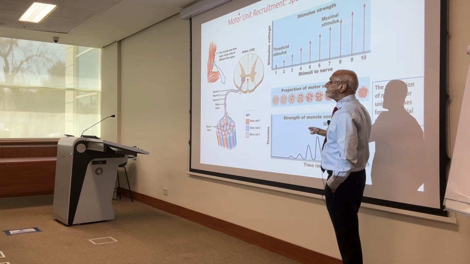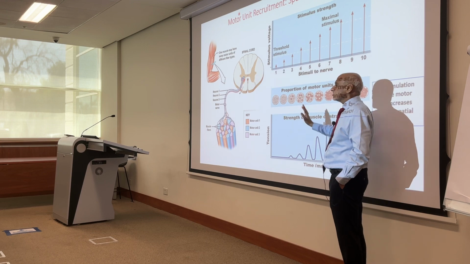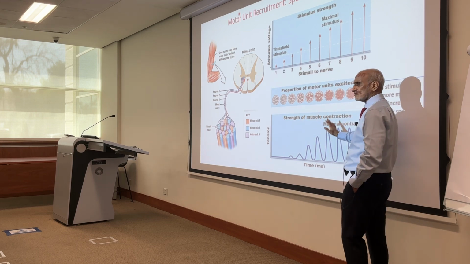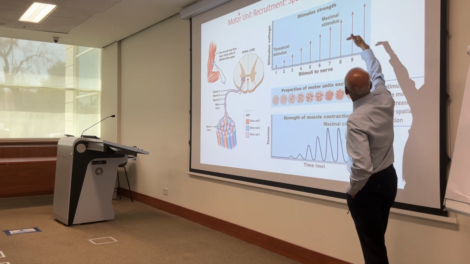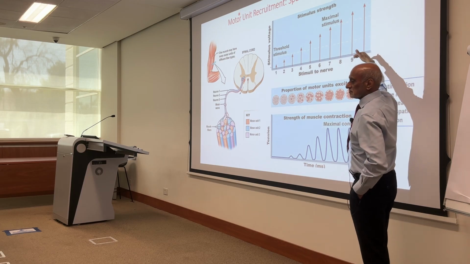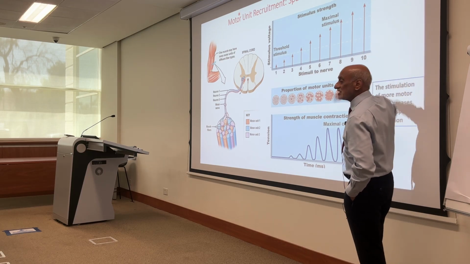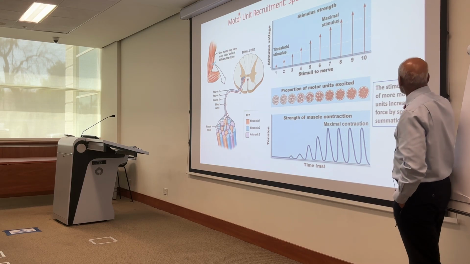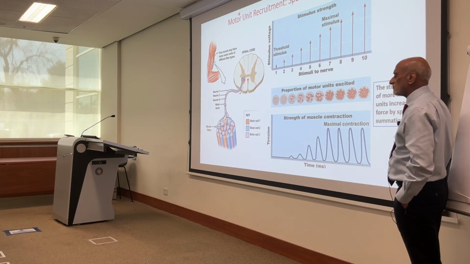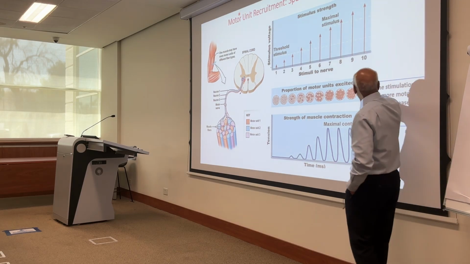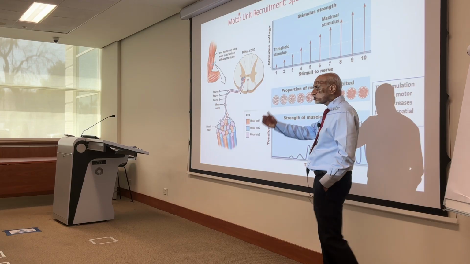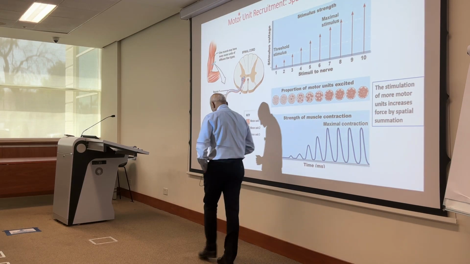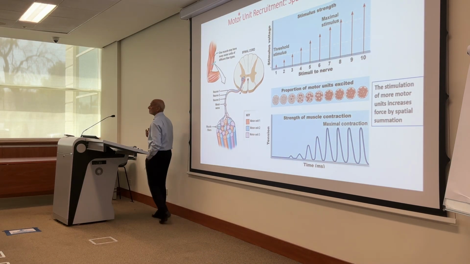Now I've added on the force of all of the muscle fibers in the motor units, and now I've reached the maximum. Again, the stimulation of more and more motor units increases the force because more parts of the muscle start coming into the contraction. So that's another way of looking at this.